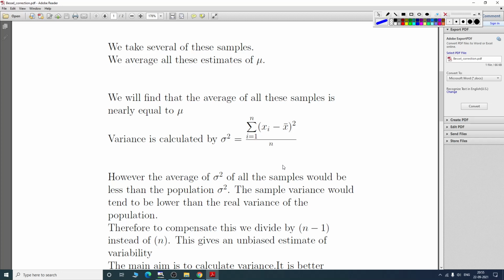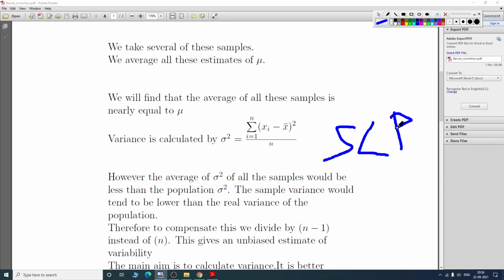If you want to know why this is happening, then you have to go through the mathematical details, but that is not needed at this point because my aim is to explain the gist of this. So the sample variance is less than the population variance.